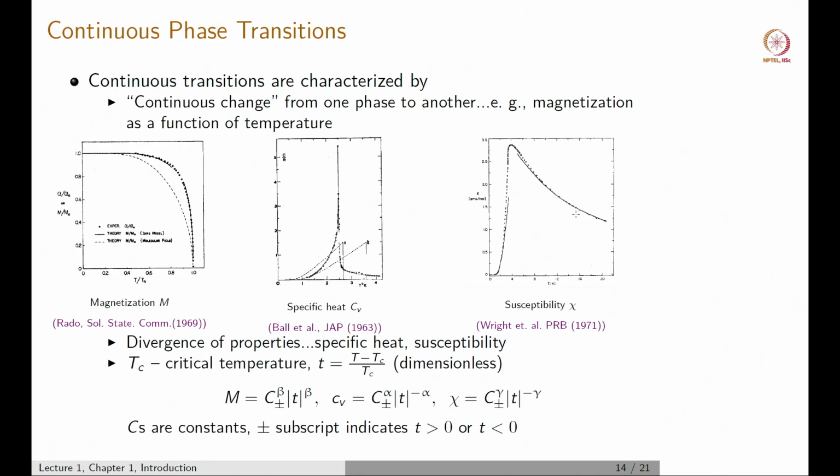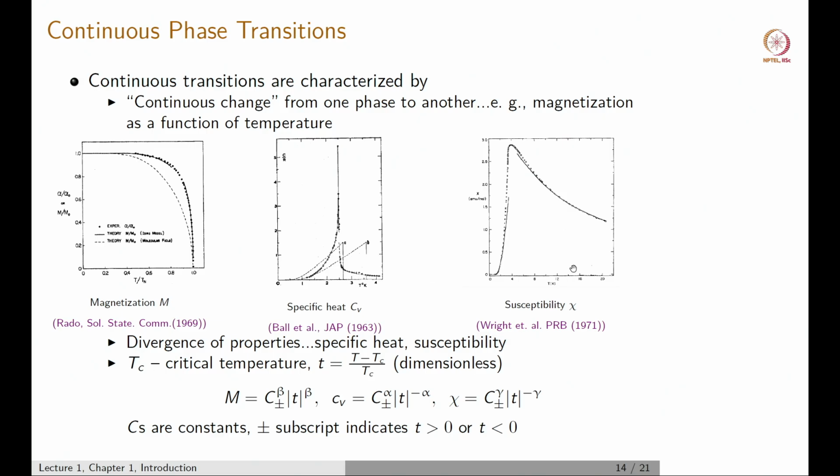So how do we characterize this? The way to think about this is to define a dimensionless parameter called little t, which is the temperature minus the critical temperature, divided by the critical temperature. Note that this is a dimensionless parameter as opposed to the temperature or the critical temperature, which has certain units.